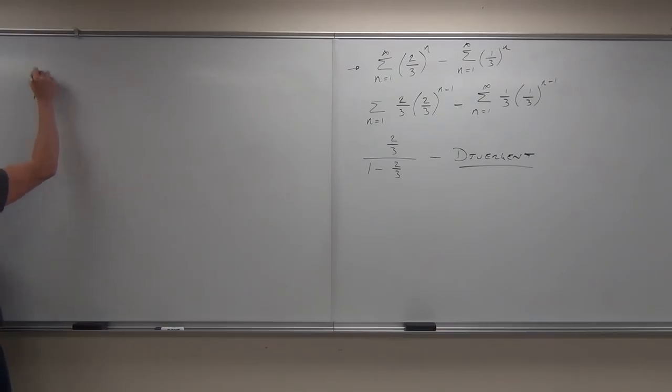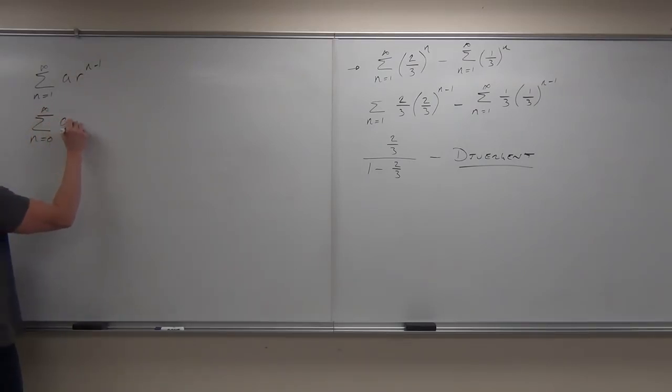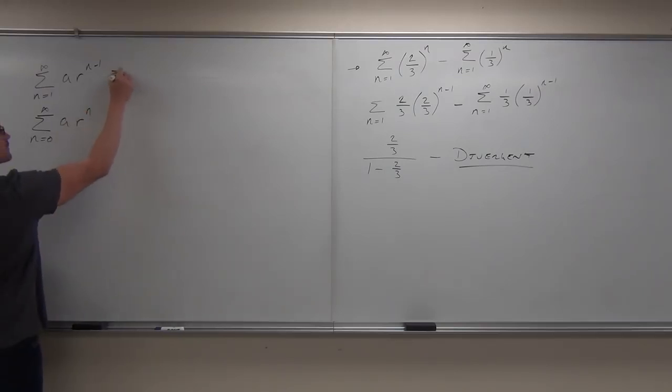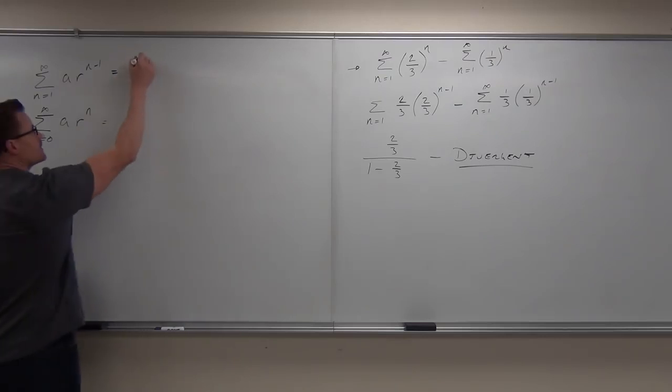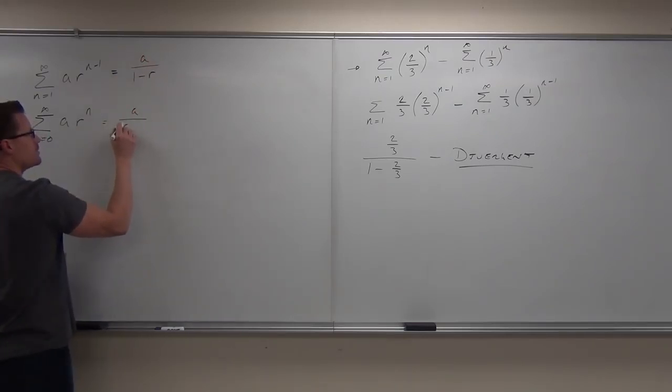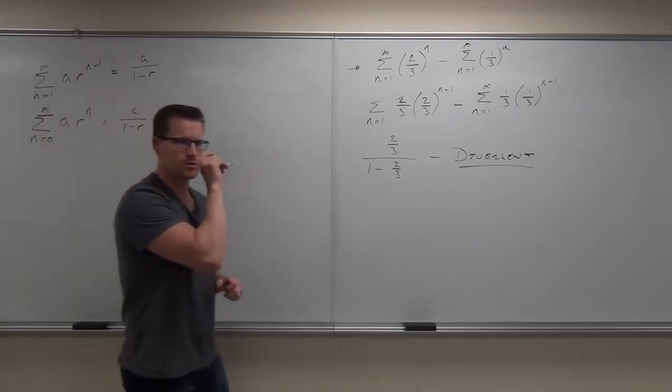If we have this, or we have this, if we have this or this, well, then we know that the sum would be given by those two expressions.